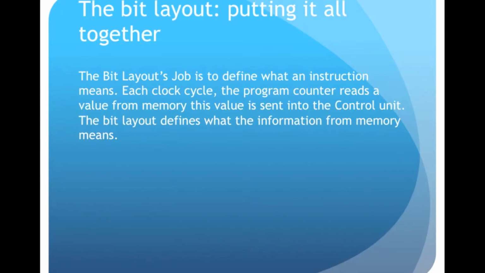Memory is going to look at what's at that address, read the value out, and send it to the control unit. The control unit then decides what exactly that instruction means for the CPU to do, and then it can manipulate stuff within the data loop accordingly. So the bit layout basically tells you what the string of ones and zeros that comes out of memory into the control unit means.